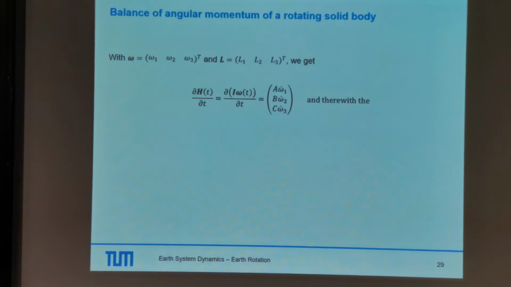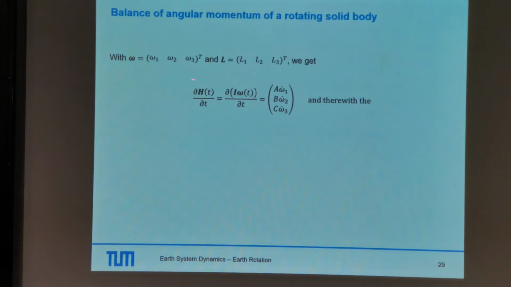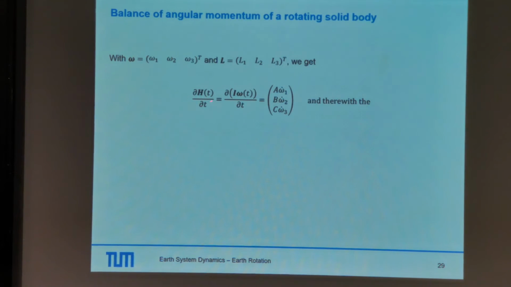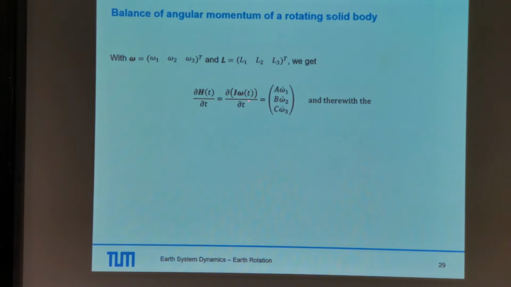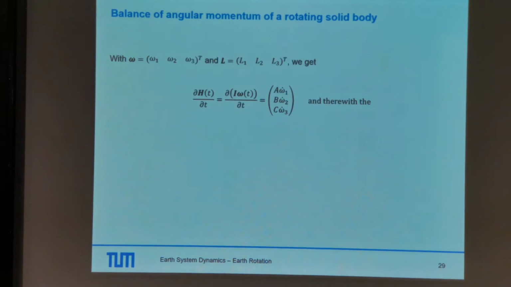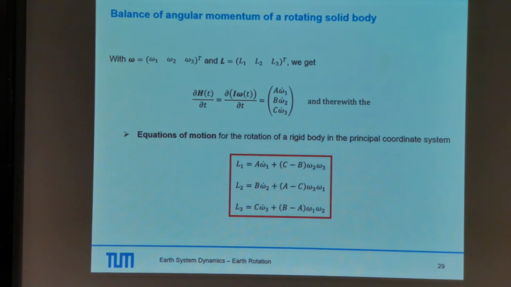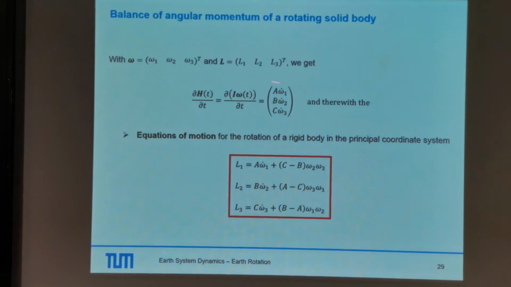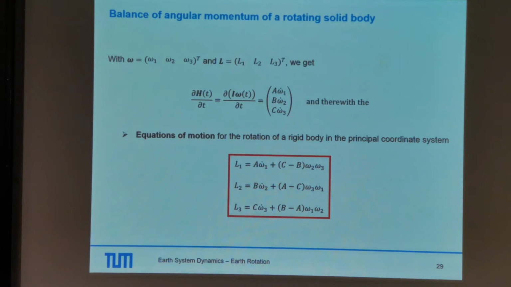If we insert this in the equations, we end up with the equation that the derivative of the angular momentum H with respect to t is equal to this, if we substitute H with I omega, and this is then exactly equal to A, B, C times omega 1 to 3 dot. With this relationship, we can derive the so-called equations of motion for the rotation of a rigid body in the principal coordinate system.